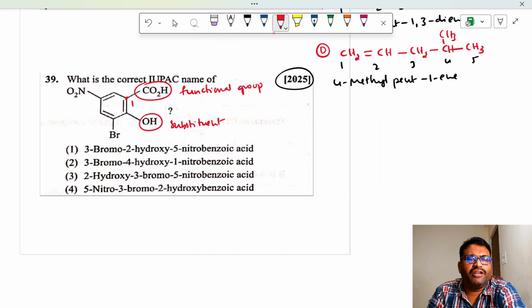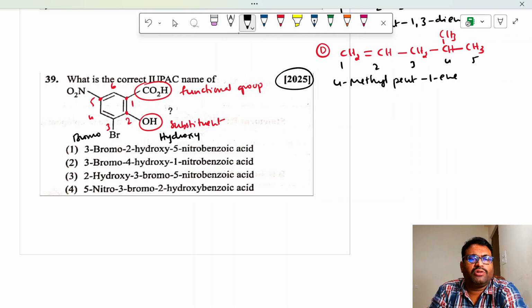As this is the functional group, we have to start from here, 1. If you move anti-clockwise, at the third position we get nitro, but if you move clockwise, we get hydroxy at the second position. So 2, 3, 4, 5, 6. The substituents are hydroxy, bromo, and nitro.